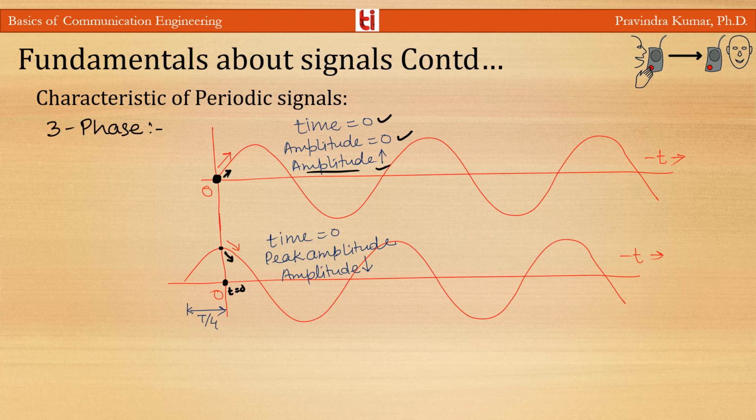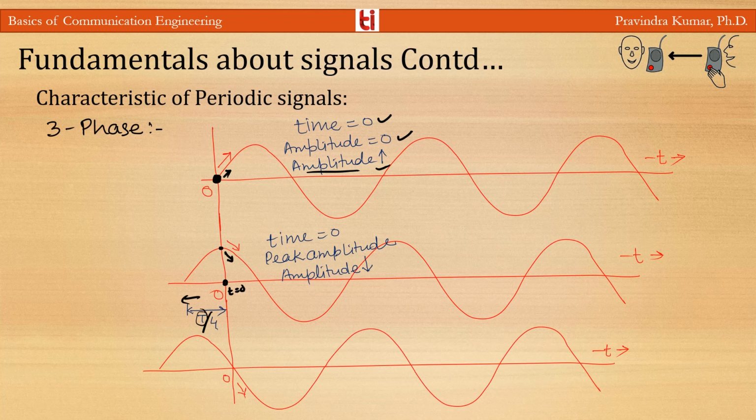So this shows the phase of 90 degree shift, and a sine wave with a 90 degree phase shift is shifted to the left by 1 by 4 cycle. So if T is the period of the signal, it will be a T by 4 shift to the left side for a 90 degree phase shift.